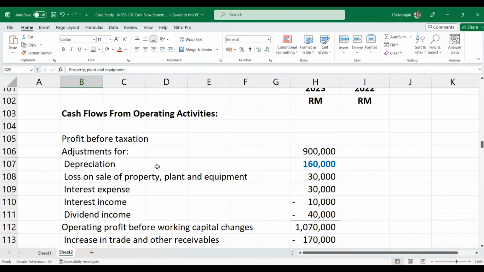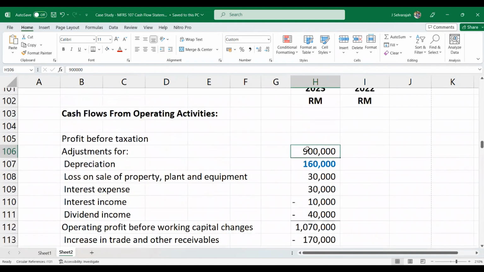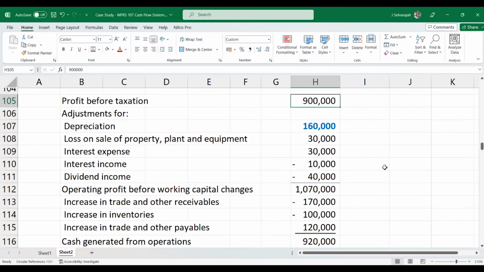So the profit before taxation will have to make the adjustments for depreciation. Sorry, this figure is actually up here. That's why something went wrong here. So this figure is actually up so you can read better. Right. Okay.